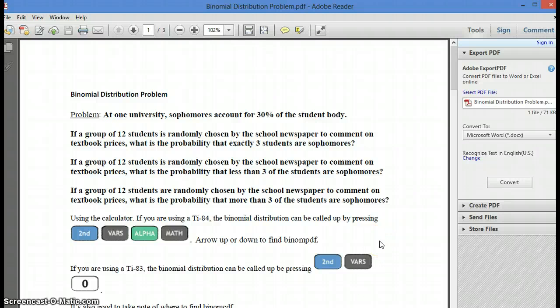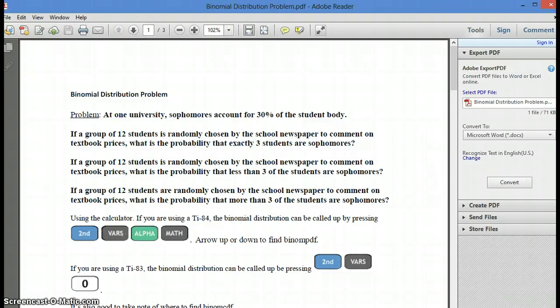To use a binomial distribution, what the calculator has is what's called a binomial probability density function. PDF means probability density function. We press the second key, then vars, which is under the left navigation key.